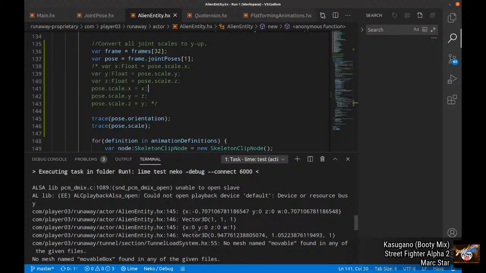Weird. Anyway, so yeah, we got those values.